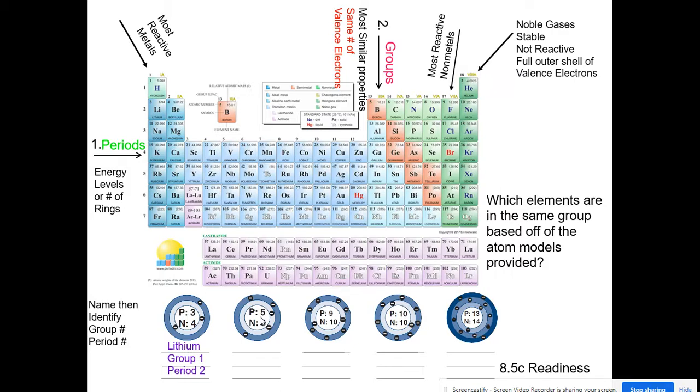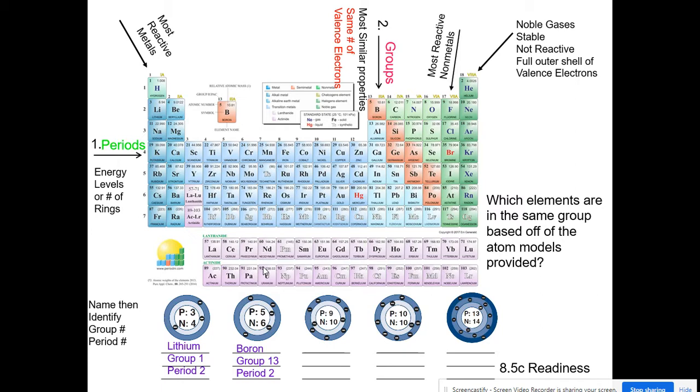A equals P equals E. Great job. The second element must be boron because it has an atomic number of 5, and the protons are 5. Therefore, the atomic number must be 5. It is in group 13, period 2.